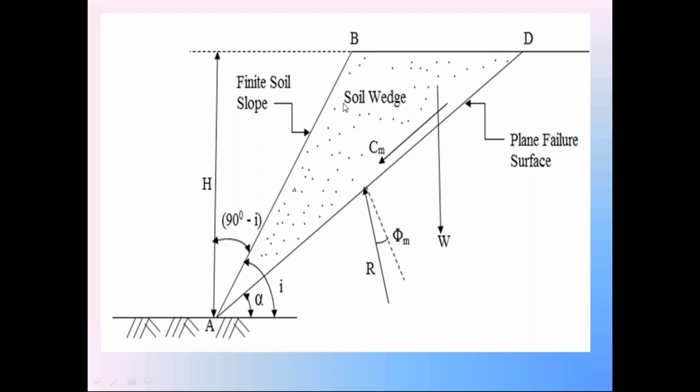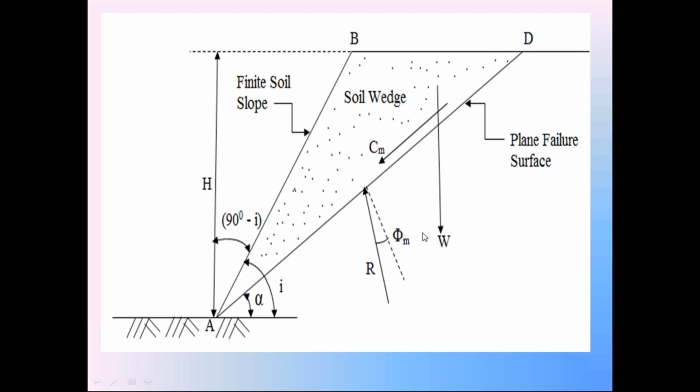It is not moving perpendicular to surface AD. Since it is not moving perpendicular to surface AD, the surface AD applies the resistance R on the soil wedge. Now this dotted line is perpendicular to surface AD. With this dotted line, this reaction will make some angle that is called the mobilized angle of internal friction, phi m.